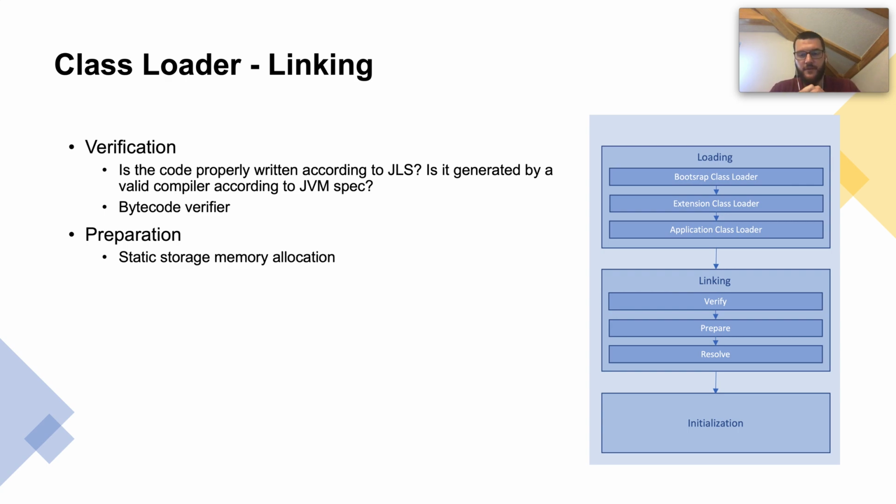After successful verification, the preparation phase follows. Memory is allocated for static variables, and they are set to their default values. For example, if you declared some boolean static field, then it will get the default value of false. If it is a matter of creating a class instance, then instance fields are also set here.